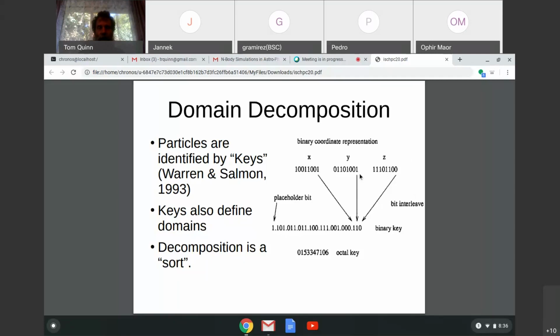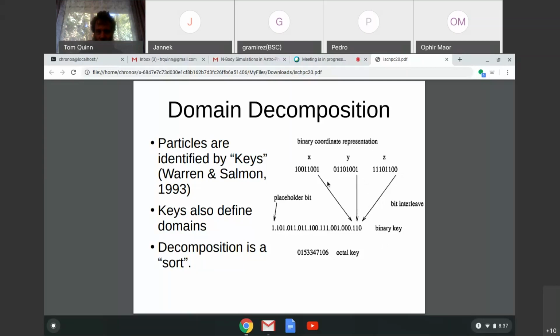And if we look at the binary representation of those integers, we can interleave the bits of the binary representation to make a single binary key. So in this case, the last three bits, 1, 1, and 0, are interleaved to produce an octal 6 key, binary key.